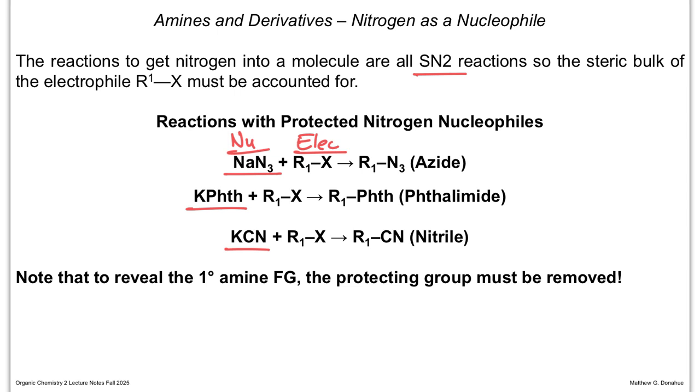So what do you end up with? An azide, a phthalimide, or a nitrile? And so then you have to do something else to get it to an amine. So same thing for each case. And then the conditions for that deprotection vary.